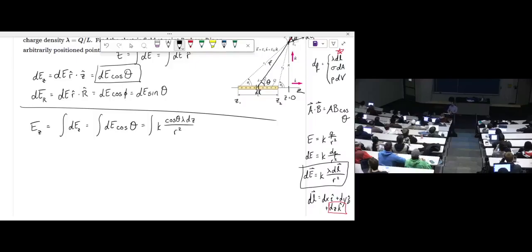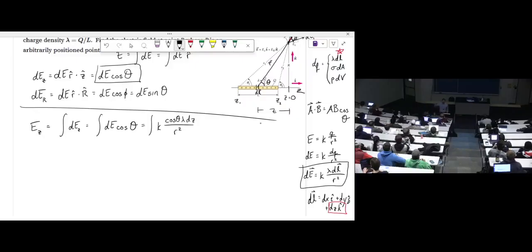And now we have two different choices on our hand as to how to proceed. The first one is you can find what cosine theta is in terms of a distance z. So let this be the distance z right here, and in terms of the distance R, where R is going to be a constant, z is going to be a variable.